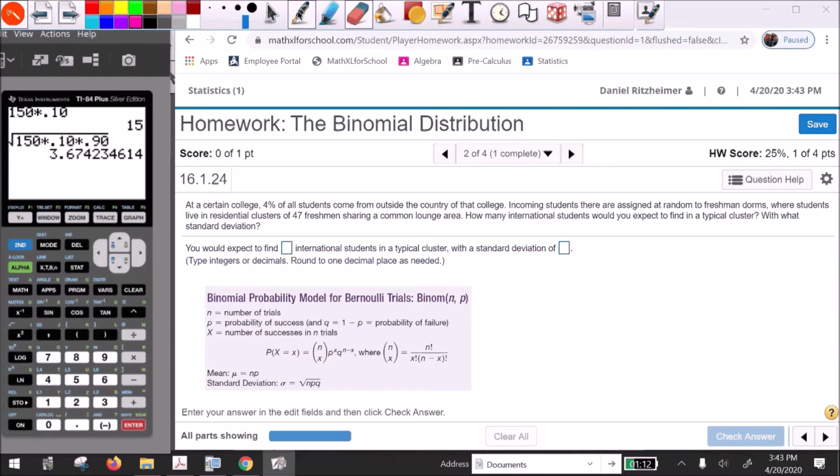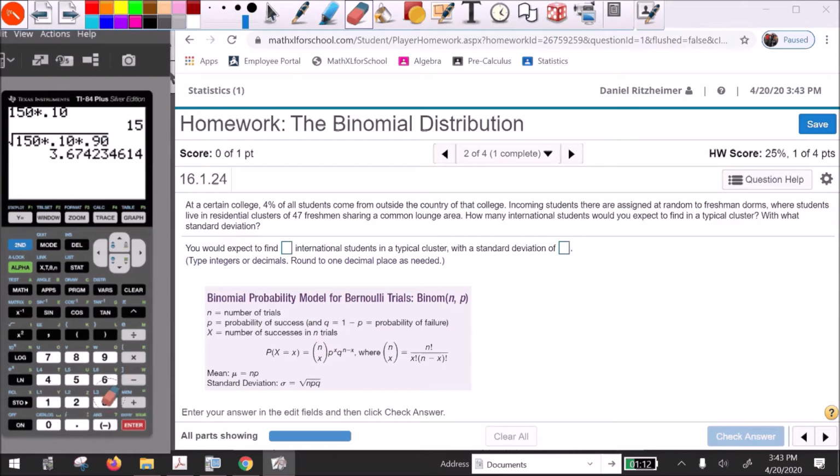With what standard deviation? So 4% of all students come from outside the country. And if there are 47 freshmen sharing a common lounge area, how many would we expect to be international students?